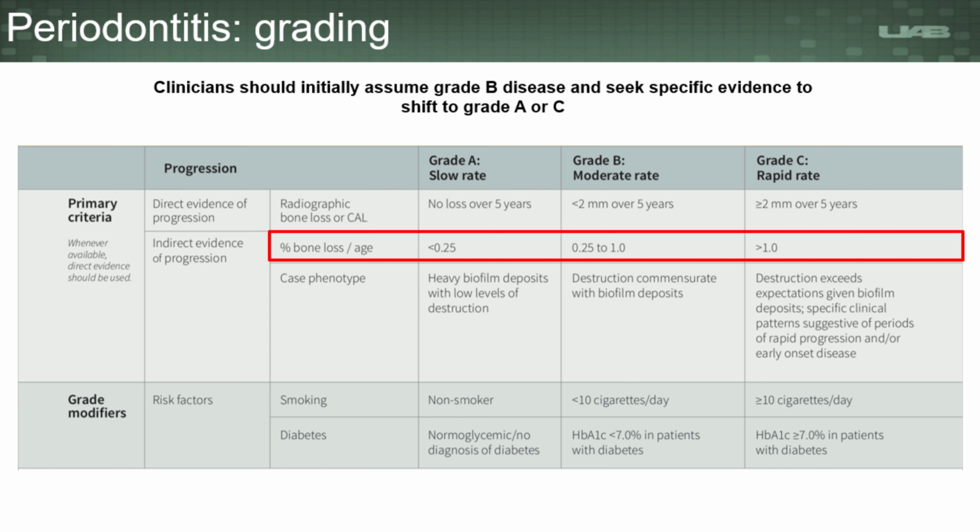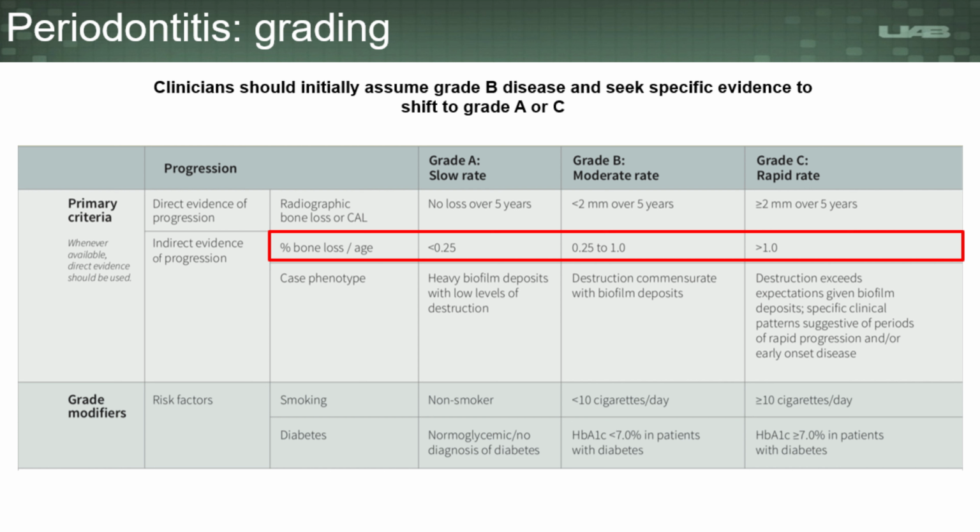And that is a simple calculation by estimating the percent of bone loss. If that number is greater than the age, you end up having rapid progression. The harder part to distinguish with this calculation is whether you had a grade A, slow or no progression, or a grade B.